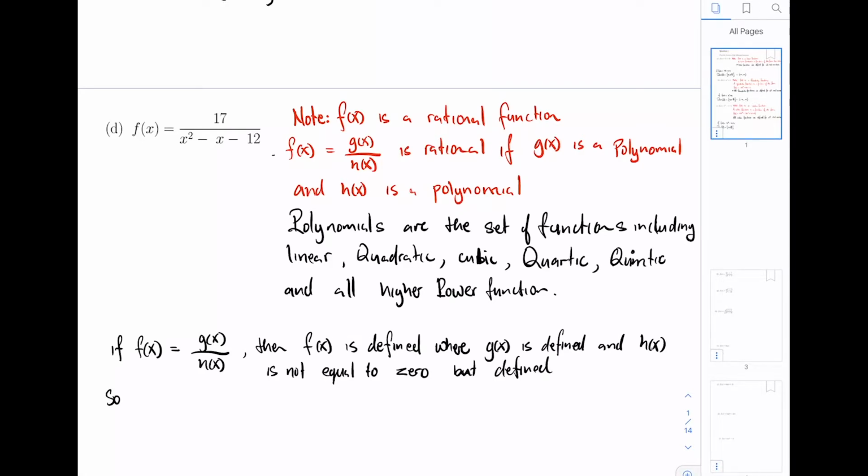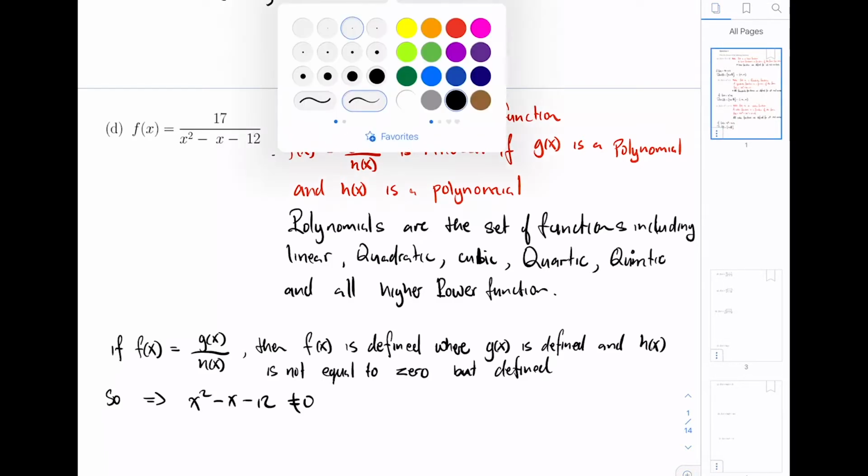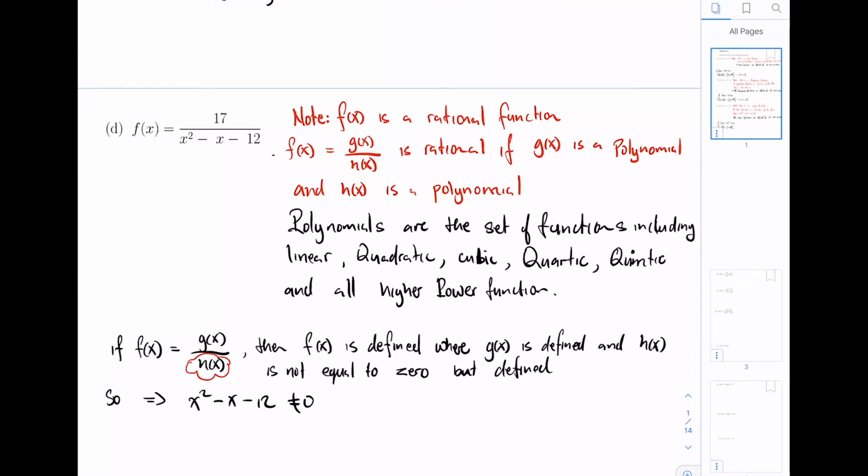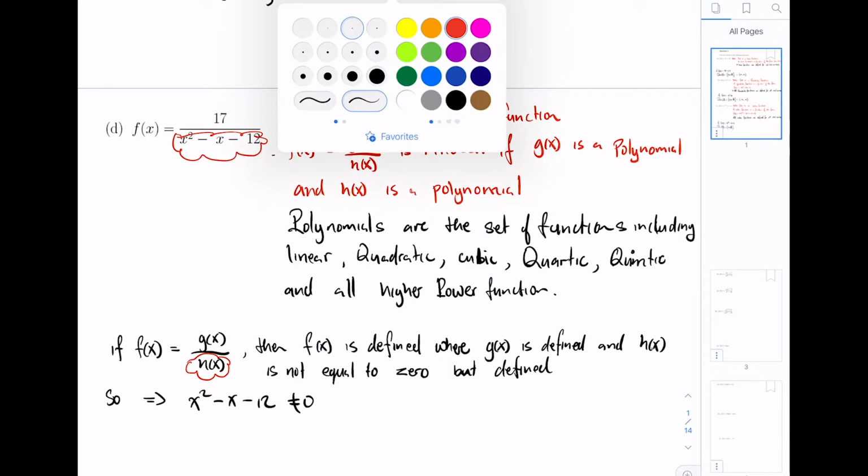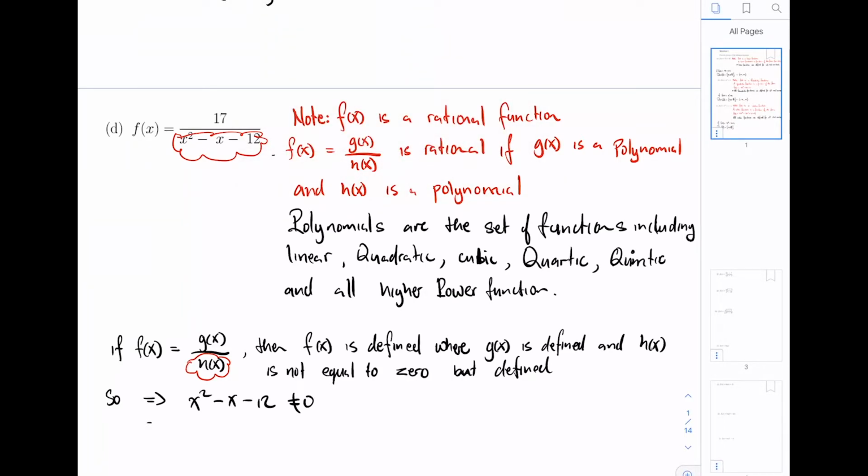So this implies that we must solve x squared minus x minus 12 not equal to 0 here because that is our denominator. So whatever this denominator function is, h of x, we must make sure that h of x is not equal to 0. Okay? So if we're solving this, this means that we end up with x minus 3 times x minus 4, okay, not equal to 0. And I know somebody's thinking right now that something is off.